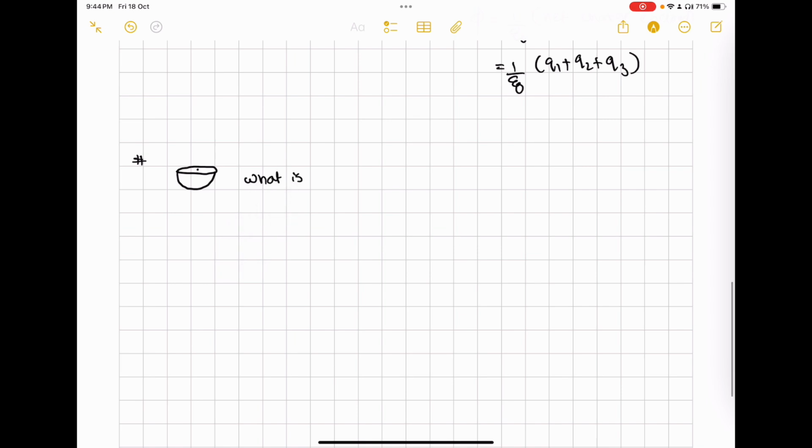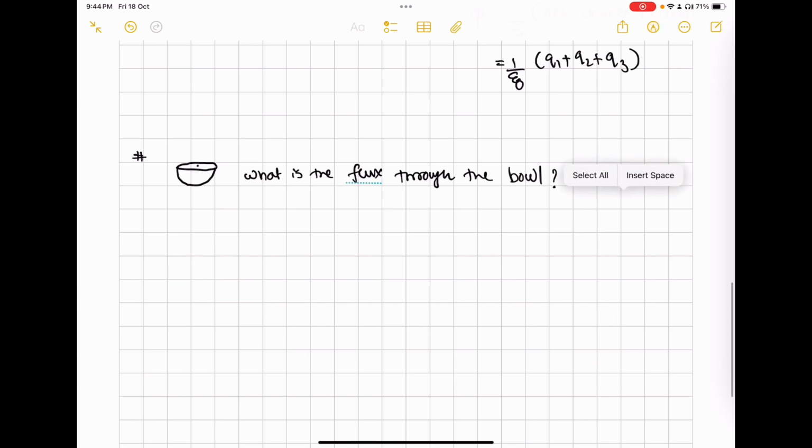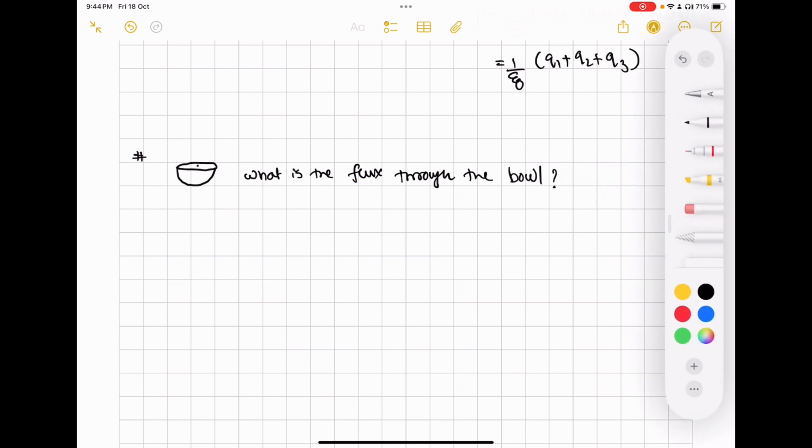We know that the flux through any closed surface is equal to 1 by epsilon 0 times the net charge enclosed.